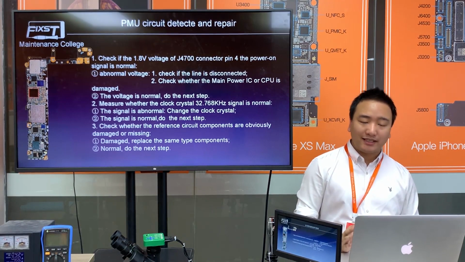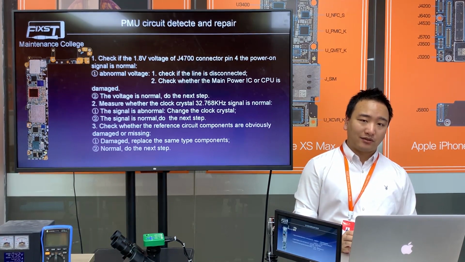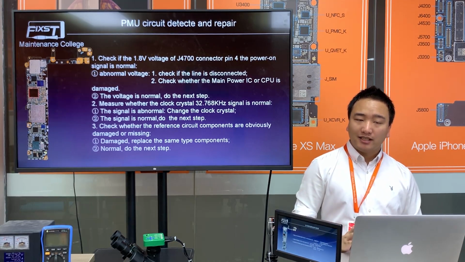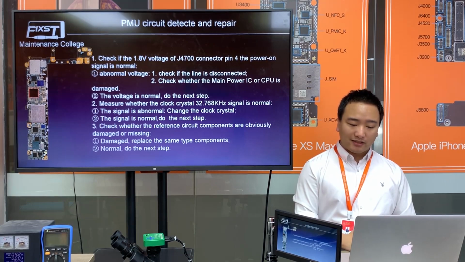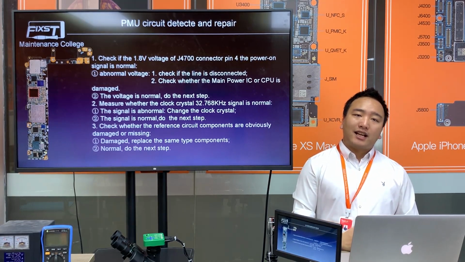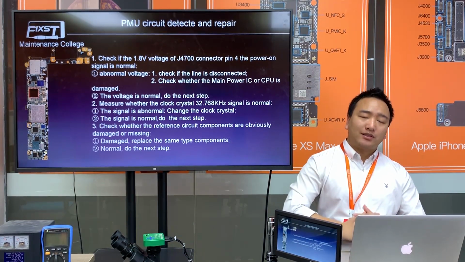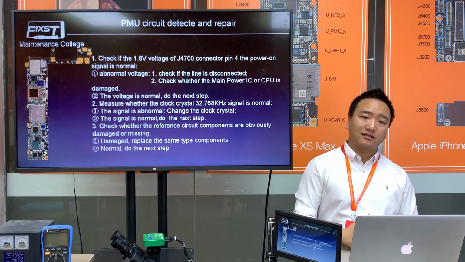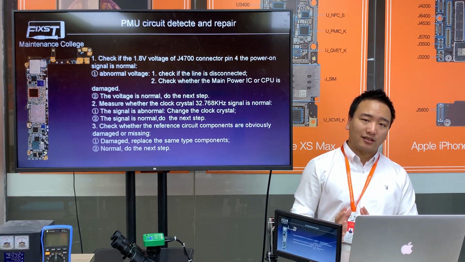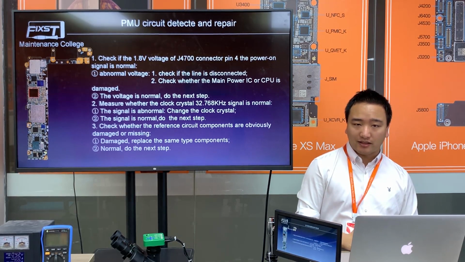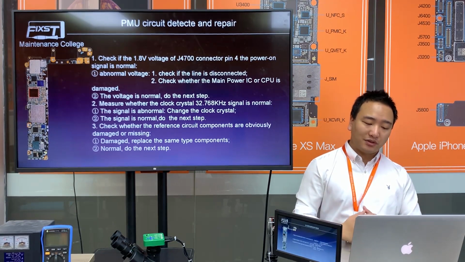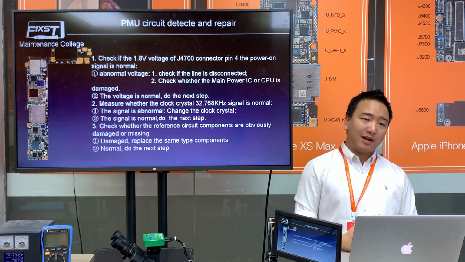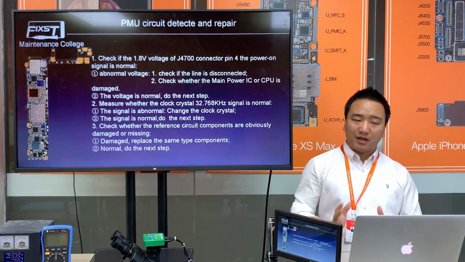But according to our repair experience, a lot of this voltage abnormality is caused by a problem in the circuit inside the CPU. What should we do if it is caused by the CPU? I need to tell you guys, if the CPU is damaged, broken or crashed, or the circuit inside has a problem, it cannot be fixed, because the CPU cannot be changed easily.